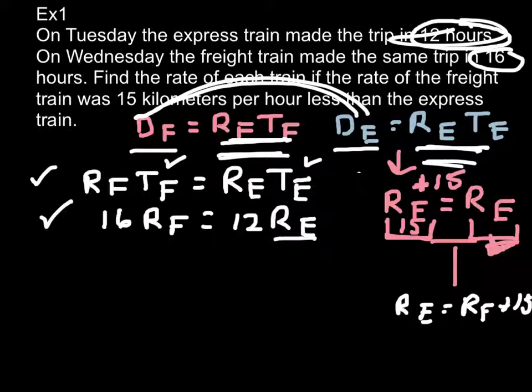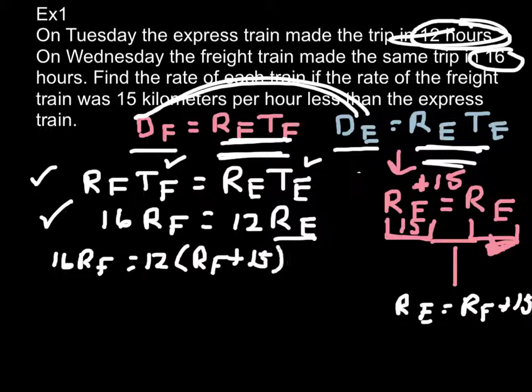So I know what RE is now. Let's put that in right there. So I have 16 RF equals 12 times whatever RE is, which is RF plus 15. Now let's solve this for RF. RF stands for the rate of the freight train, or in other words, how fast the freight train was going.